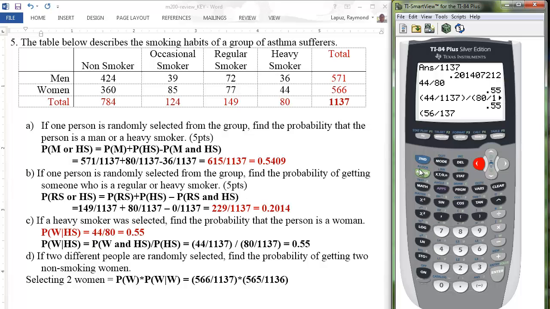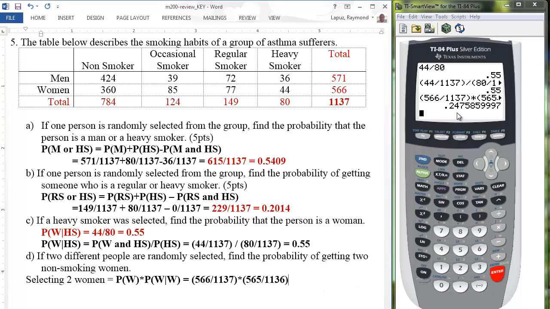Let's make sure that we do this correctly. Let's start over here. So it's 566 divided by 1137, close parentheses, and then times 565 divided by 1136, one less.